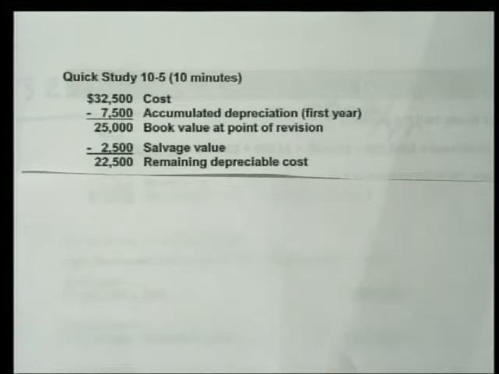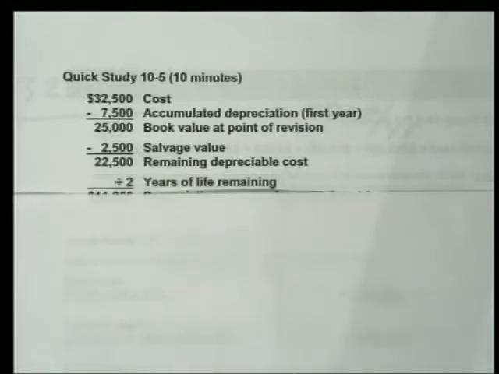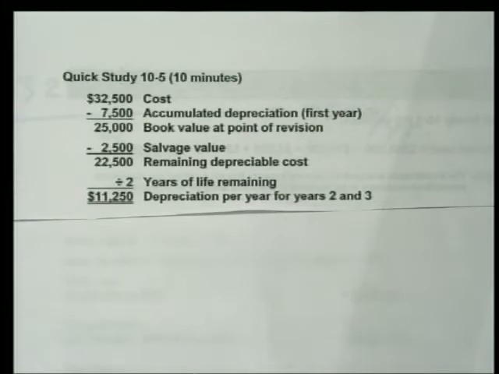And then we divide that by the remaining years of life. Now we changed it to a total of 3 years. But 1 year has gone by, right? So there's only 2 years left. So what we're going to do is depreciate $11,250 for year 2 and $11,250 for year 3.